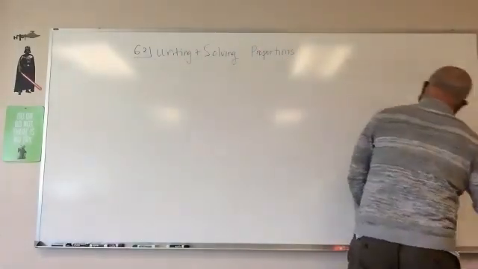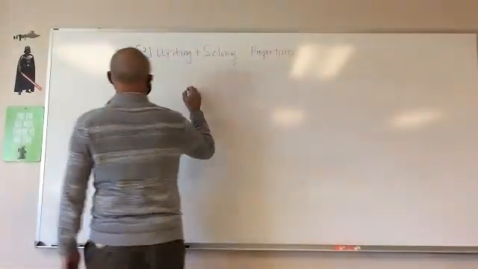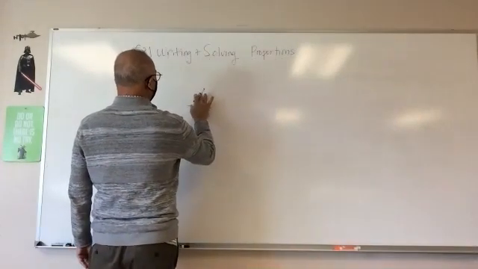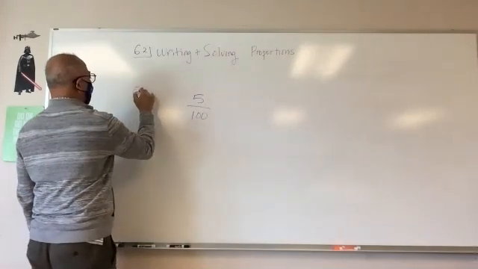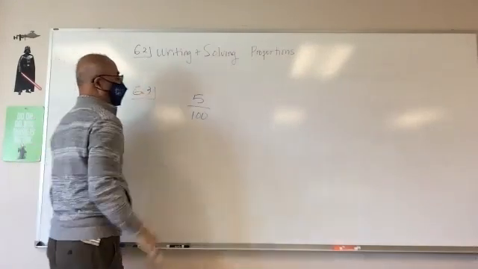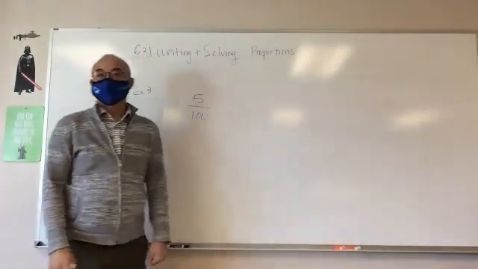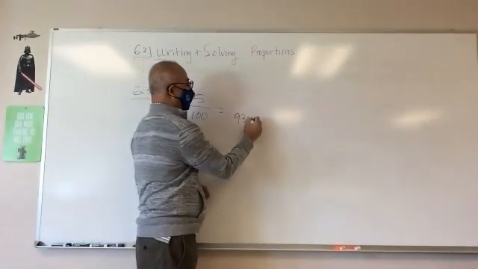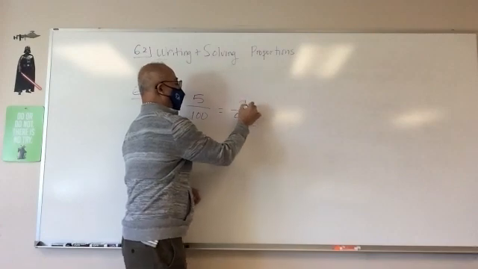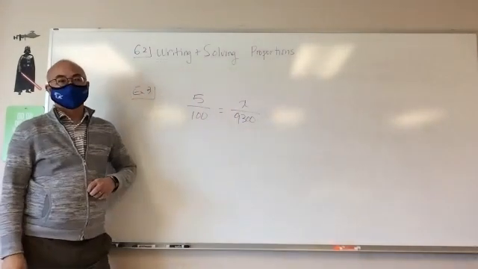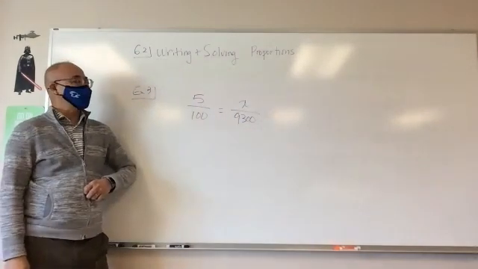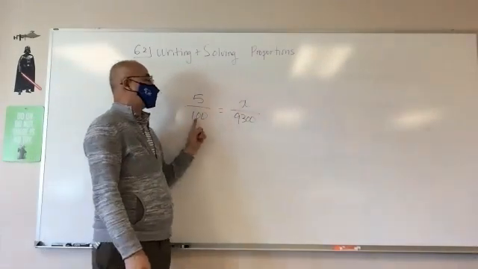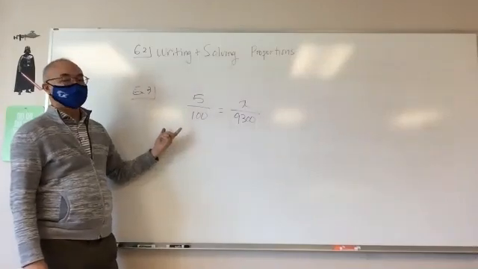So you eat 5 pounds for every 100 pounds you weigh, for the elephant, that is. I'm trying to figure out how much a 9,300 pound elephant would eat. That's the hardest part right there, setting up the proportion.